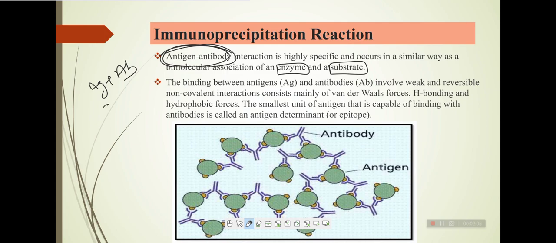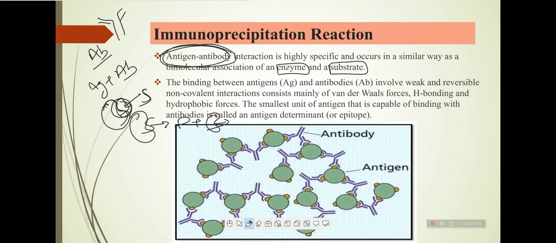Because in an enzyme, you know that the enzyme has a site where the substrate comes and binds. After binding, the substrate is converted into a product and the enzyme is released. Similarly, for the antibody, in the previous slide we discussed its structure, a Y-shaped structure, right?